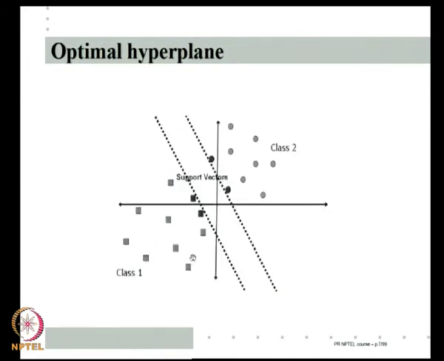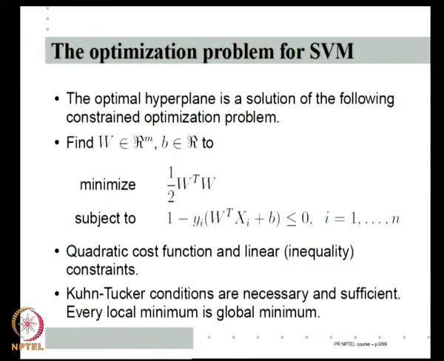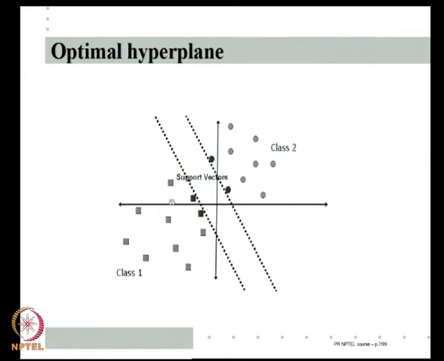Before that, let me give you a picture. I have been telling you that these constraints essentially mean that if the hyperplane is at the center, then on either side I have got these two parallel hyperplanes, and this is the margin of separation.